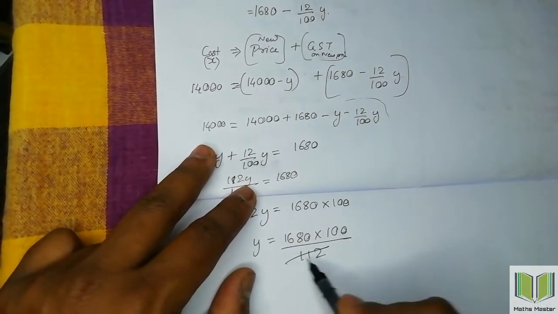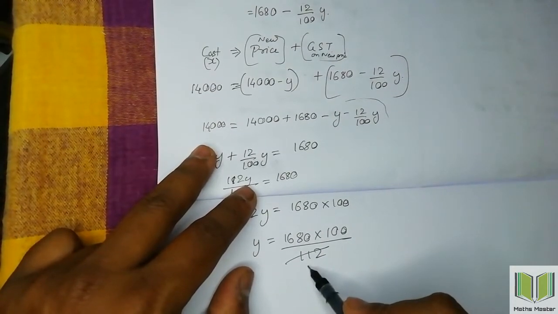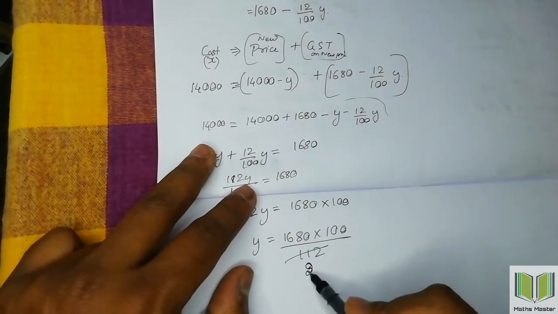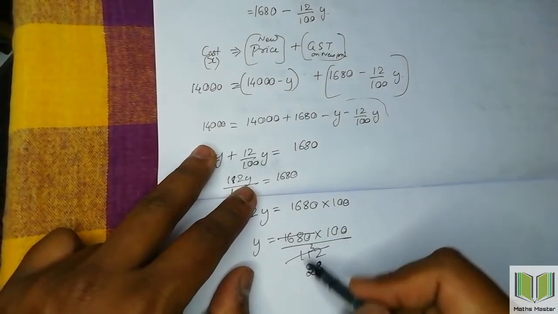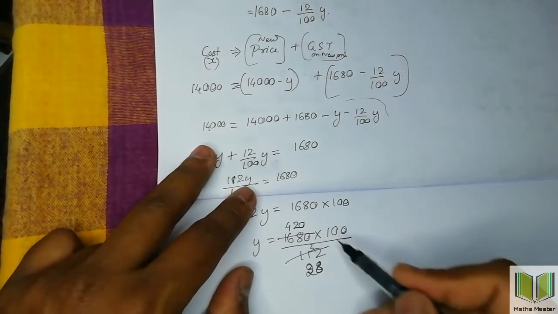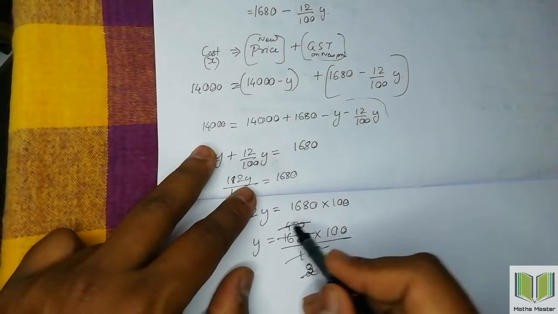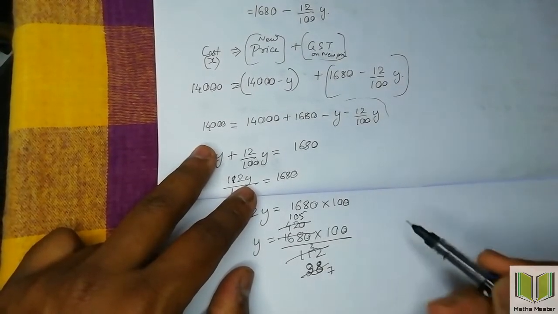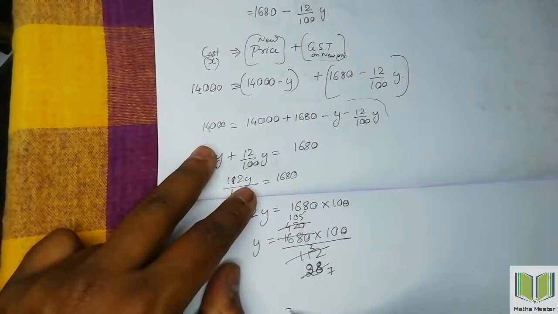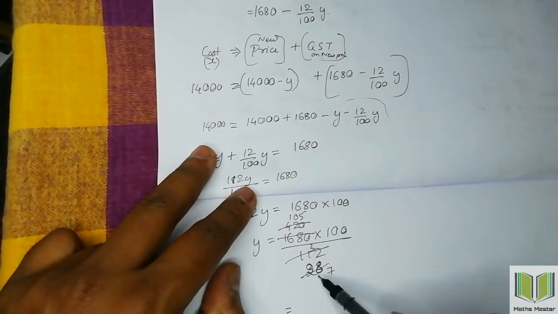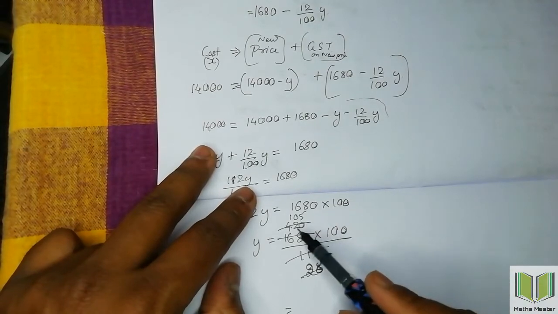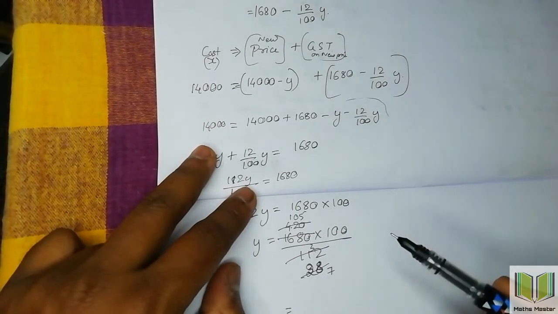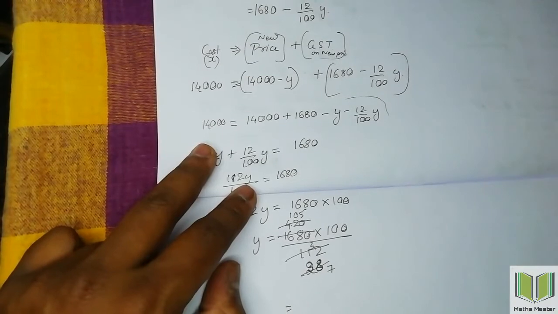Yeah, it is. 1,680 divided by 4 is 420, and 112 divided by 4 is 28. Again, 420 divided by 4 is 105, and 28 divided by 4 is 7.